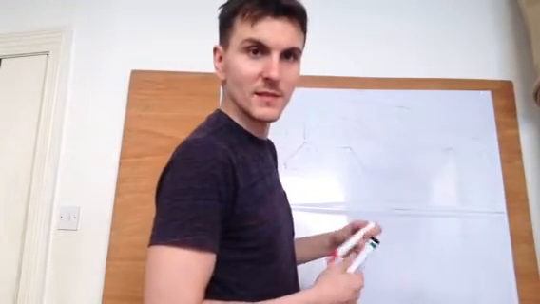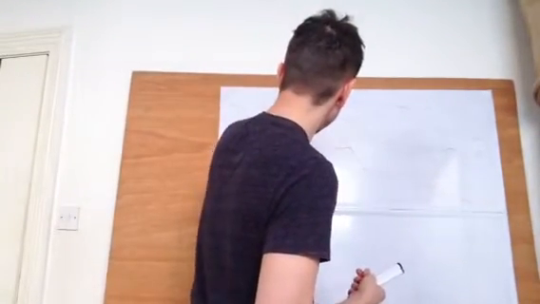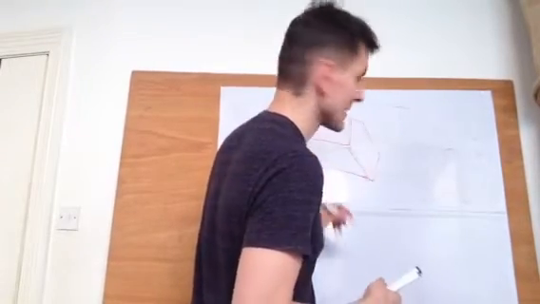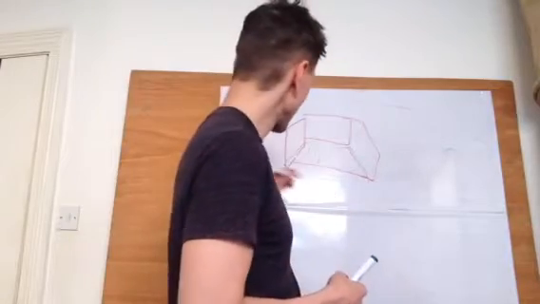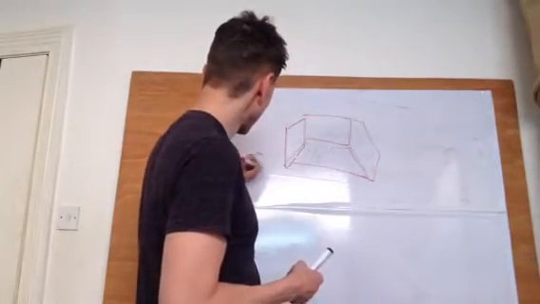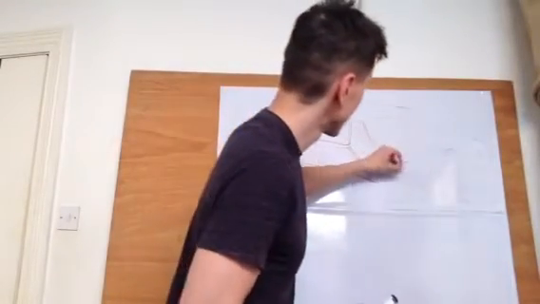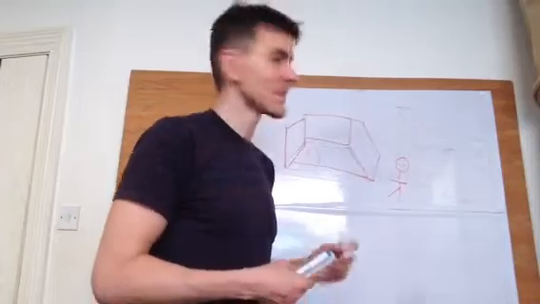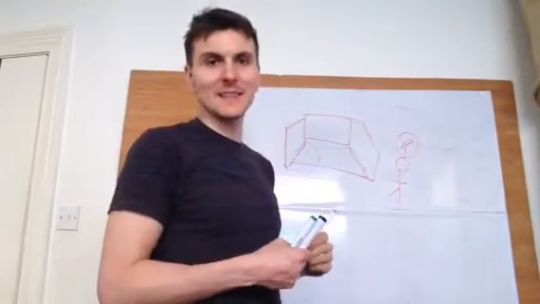Let's give it some curtains. Okay, there's a theatre. There's a box, basically, okay? And for reasons that will become clear, there's a little man, a reporter, and he is near the theatre.